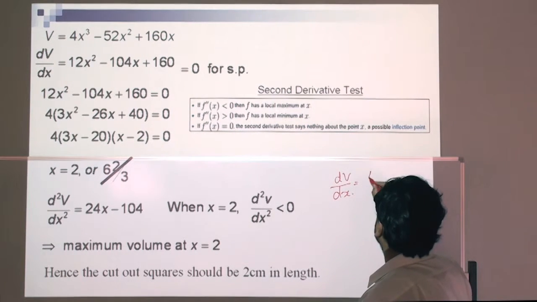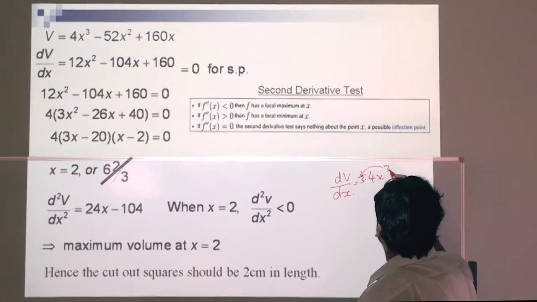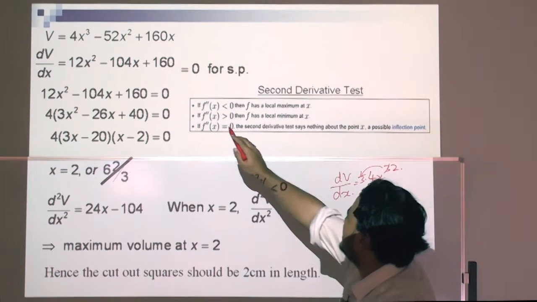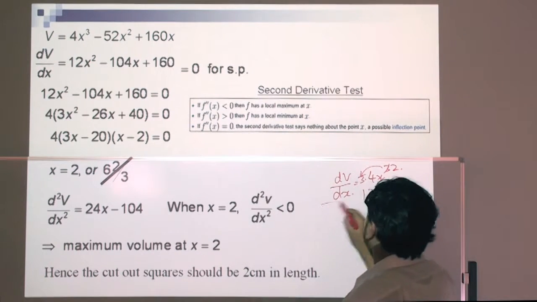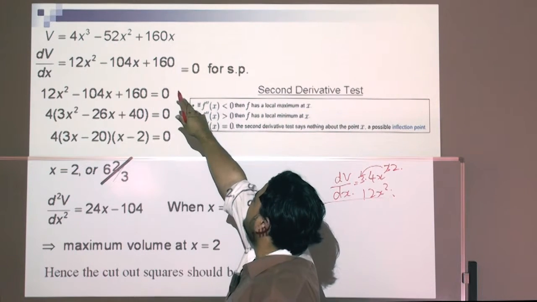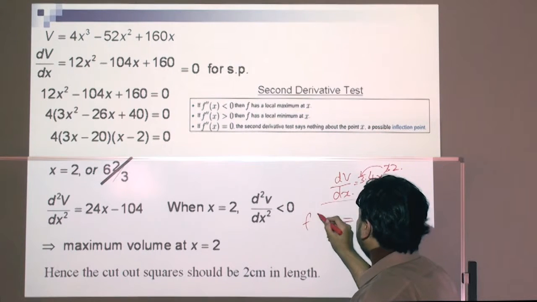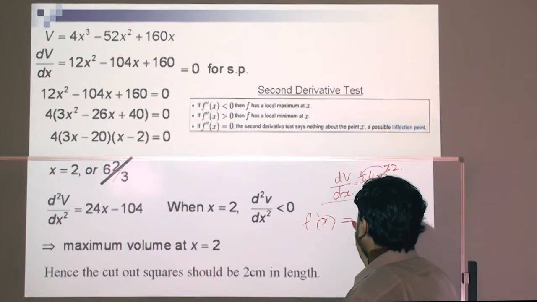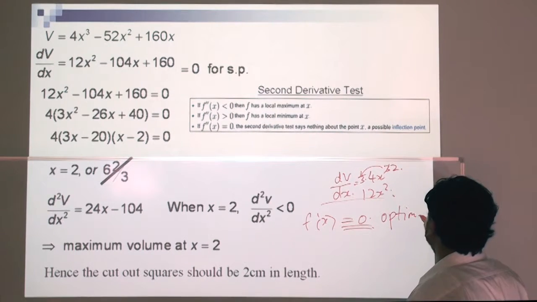Take 4x cubed, take that 3, multiply it by 4, and that 3 becomes 2. 3 fours are 12, that's 12x squared. And we do that for 52x squared and 160x. Then we get 12x squared minus 104x plus 160 equals 0. We make the derivative equal to 0. This is for finding an optimal solution.